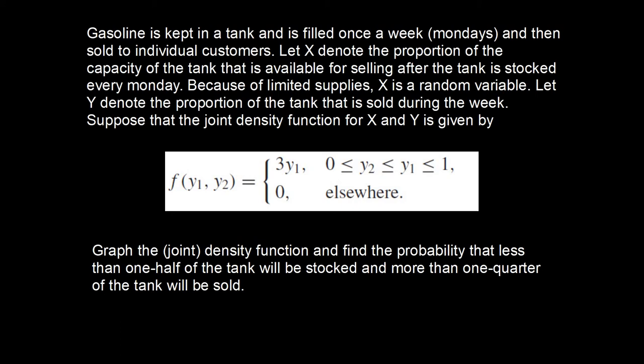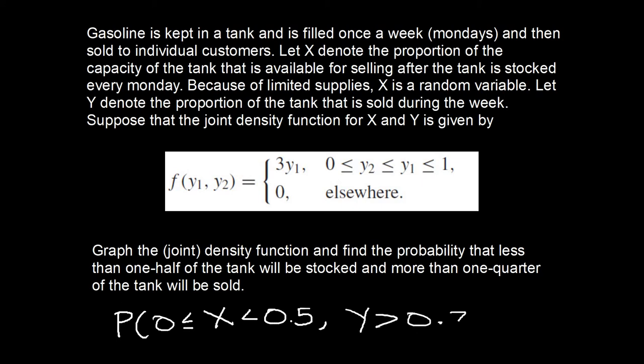So we want to compute this probability: X less than 1/2, and remember that the comma represents the intersection, and y being greater than 1/4. So that's the probability that we want to compute.